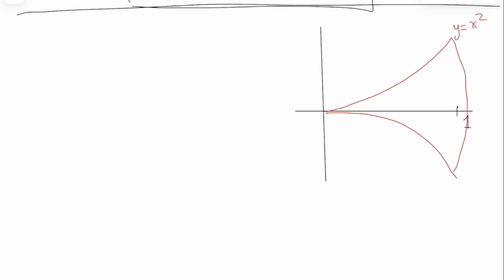Not quite the simplest, but how about just this parabola, y equals x squared, and I want to revolve this, going from 0 out to x equals 1. You get this kind of horn shape, sort of a bugle, if you will. I want the volume of that horn shape.